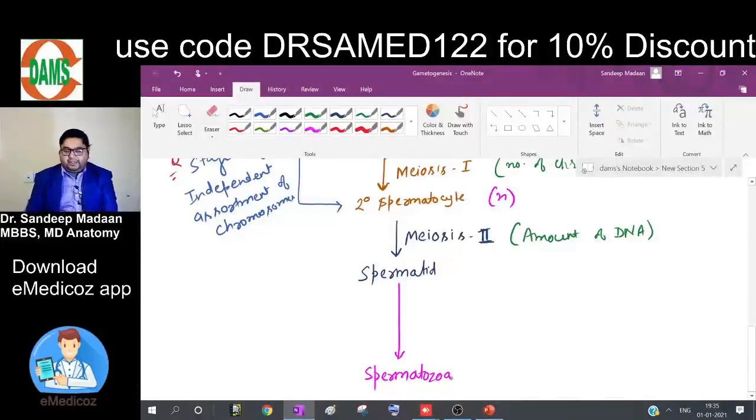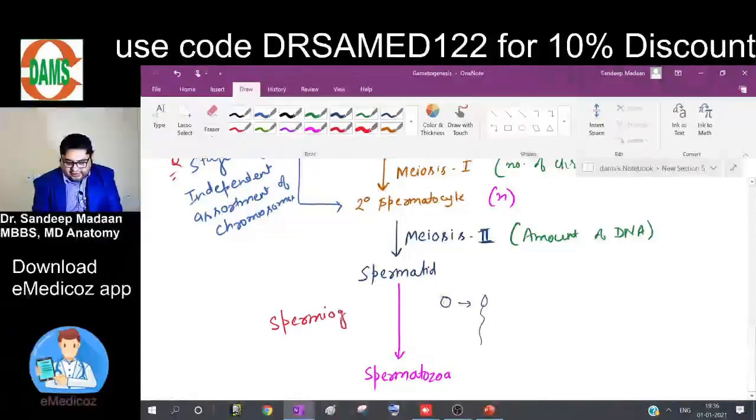Spermatid is a round structure and spermatozoa is an elongated structure, just like a rocket. So the spermatid is getting converted into spermatozoa. This step is called spermiogenesis.